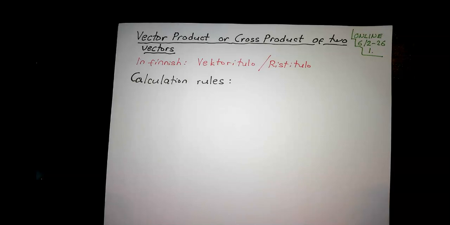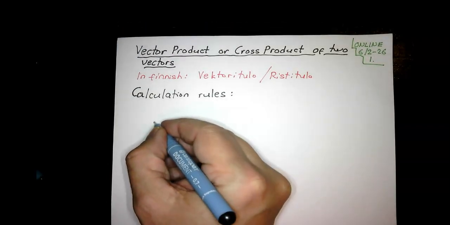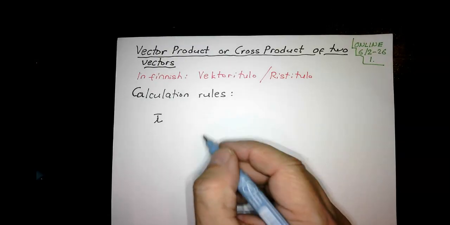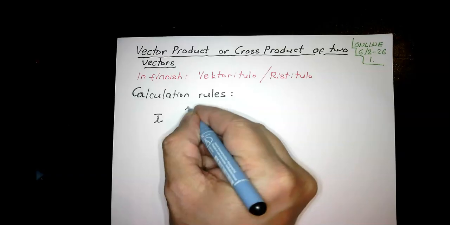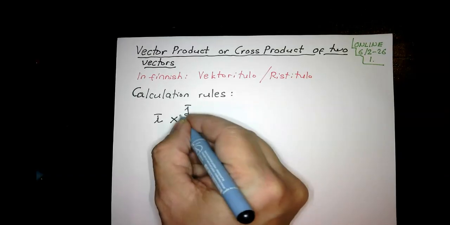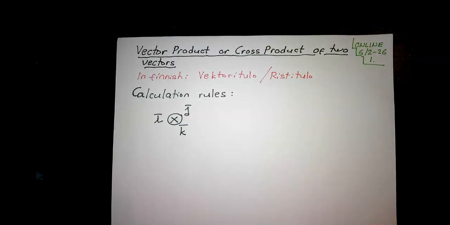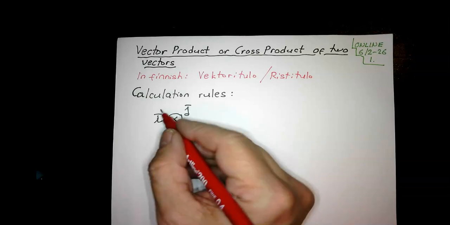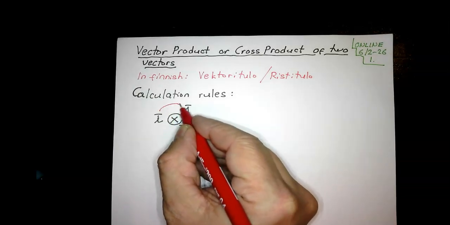It is probably easy to remember the rules by using some kind of figure. At least myself, I remember the rules when I write these unit vectors i, j, and k, with a cross multiplication there, and the positive direction around this cross mark is the clockwise direction.